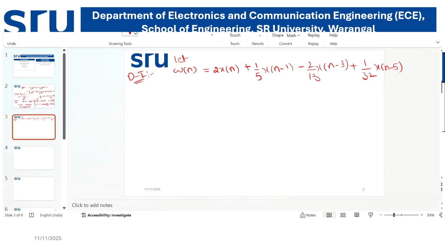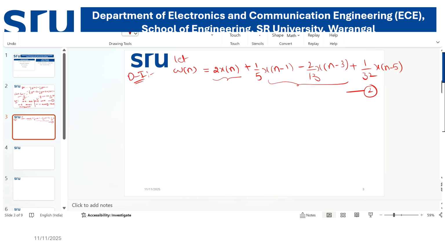Here we have the present input x of n, and the rest are past input values. In the past inputs, x of n minus 2 is missing, so its coefficient is 0. Again n minus 4 is also missing, so the coefficient for x of n minus 4 is 0. Give it as equation number 2.